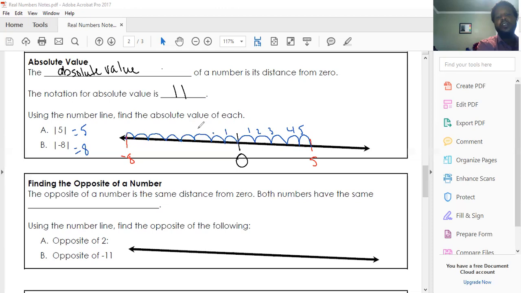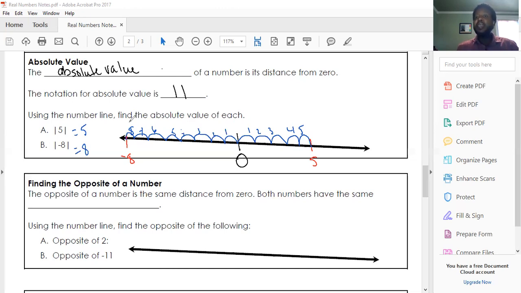1, 2, 3, 4, 5, 6, 7, 8. That's really all we're doing when we're determining absolute value. And when we work with more math with absolute value, there's going to be a whole separate lesson on how to really calculate this. But I just want to give you the idea of what absolute value is: trying to determine the distance of a number from 0.